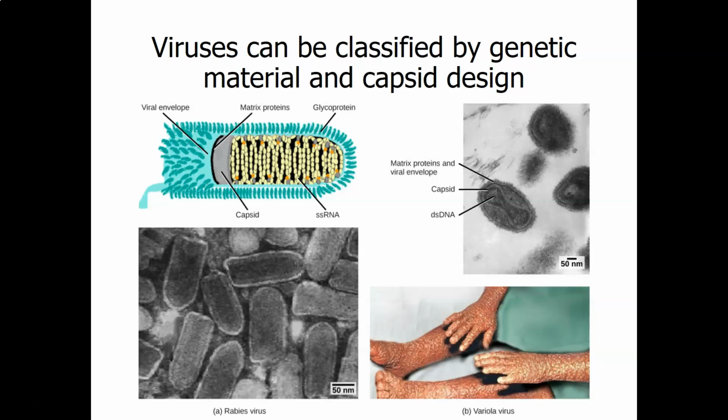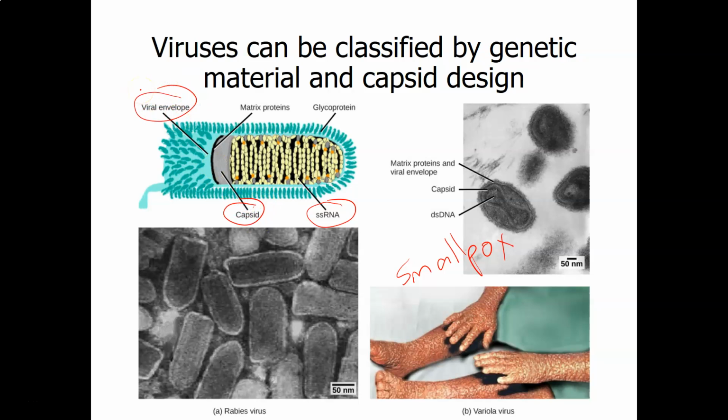Here we have two viruses, the rabies virus, and then variola virus is the virus that causes the disease smallpox. So a rabies virus is an example of a single-stranded RNA virus with a capsid and an envelope.